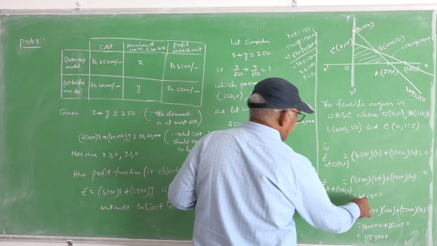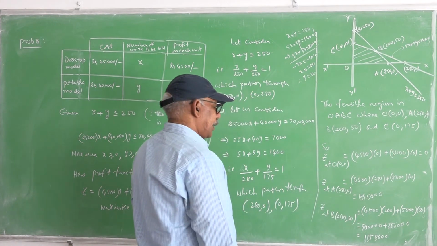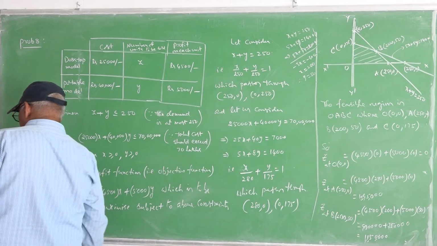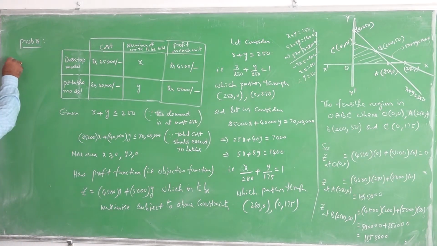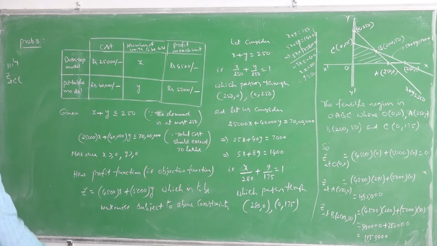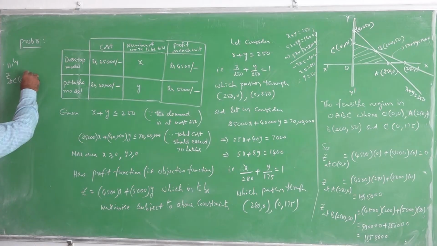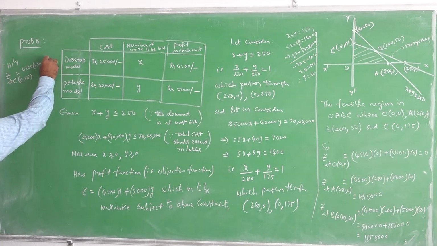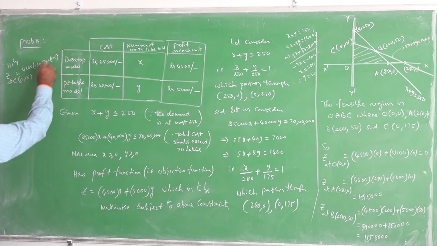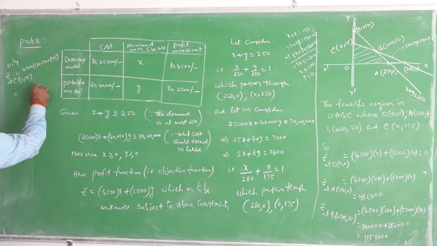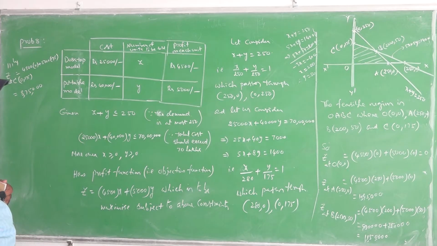Similarly, Z at the other point C. The corner C is 0 comma 175, which is 4,500 into 0 plus 5,000 into 175. It gives us 8 lakhs 75,000.